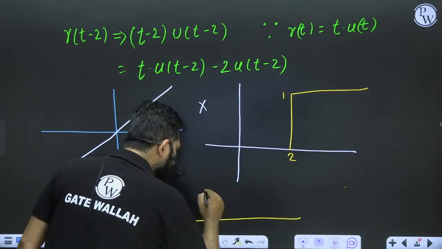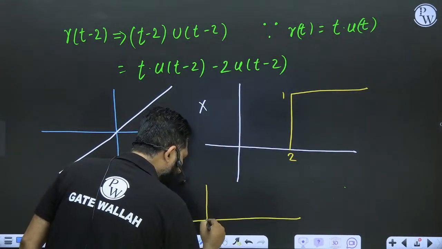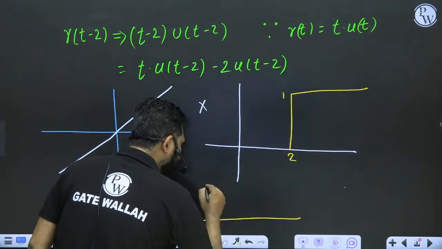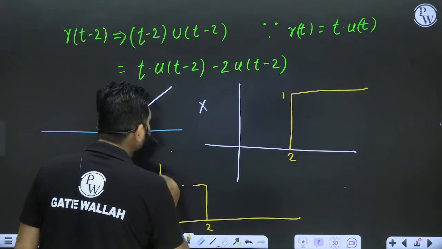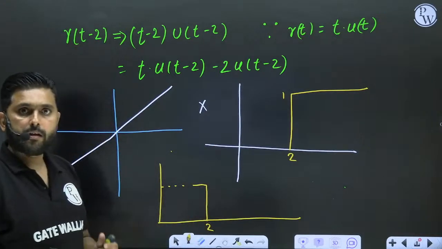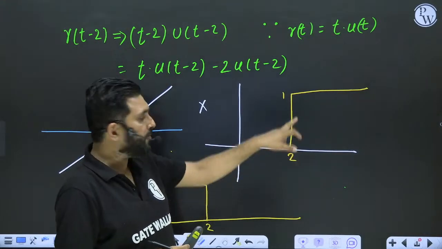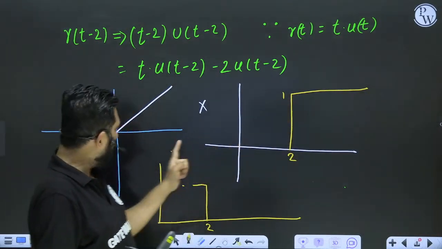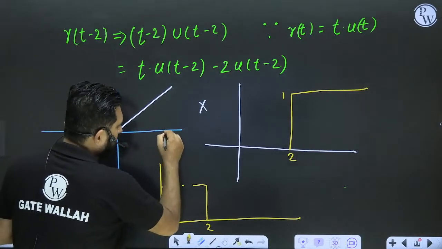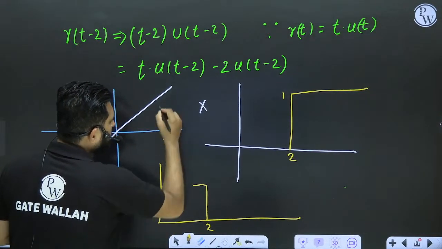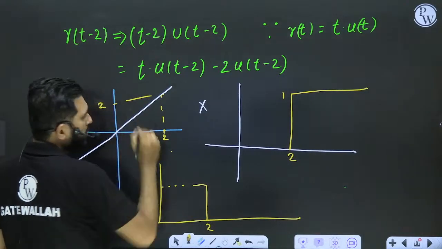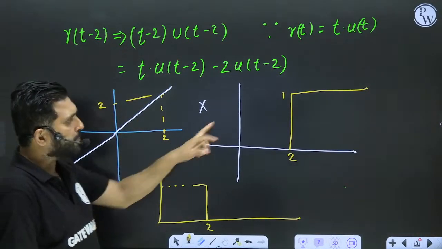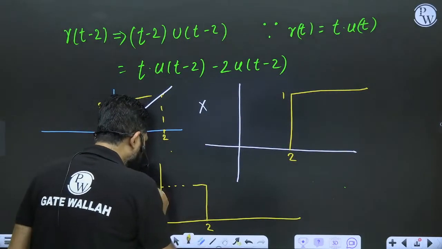I will get a jump at 2. What is the value here? 1. But when you put t equal to 2 here, what is the value here? This is 2. So when 2 is multiplied by this one, this should be the value of 2.